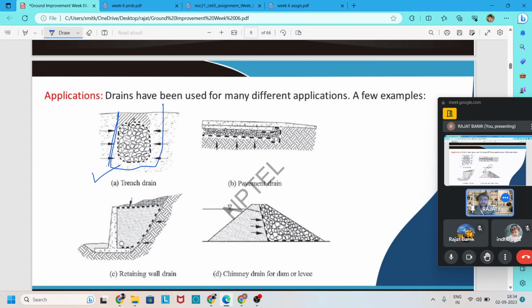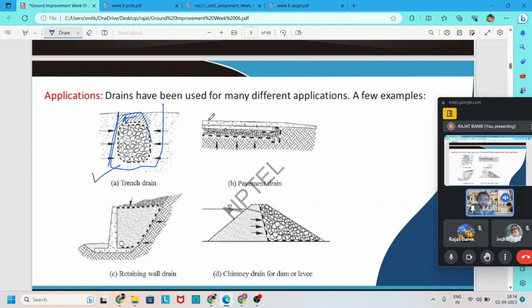After that, a combined drainage system we already discussed, like geosynthetic material for filtering the water, and inside that, some good drainage material like gravel or granular soil is incorporated. By this arrangement, water can be collected from the surrounding soil and drained out from this region.